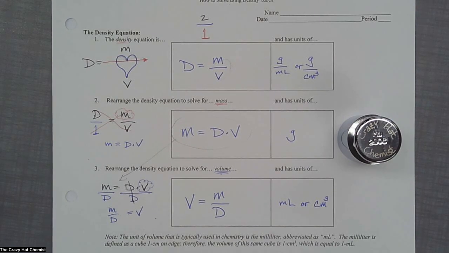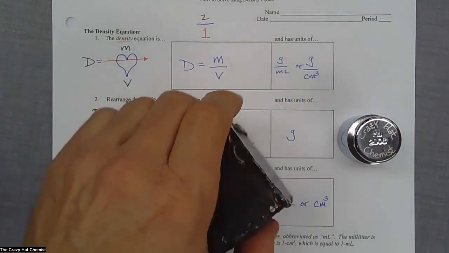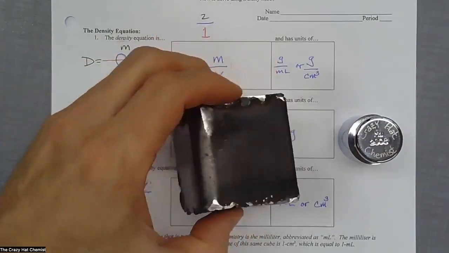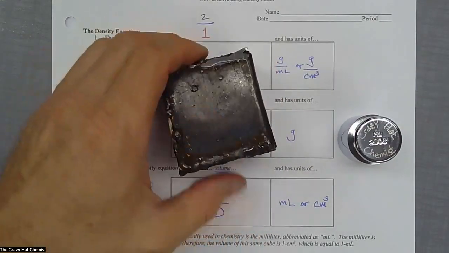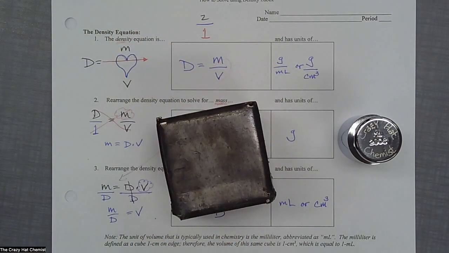So, for example, if we had a cube, and I'll just take this cube right here that my son made, really super cool. He made it in his metal shop. Now, it is most certainly not the perfect cube, but it will suffice with this little project here. Let's pretend that this is 1 centimeter.